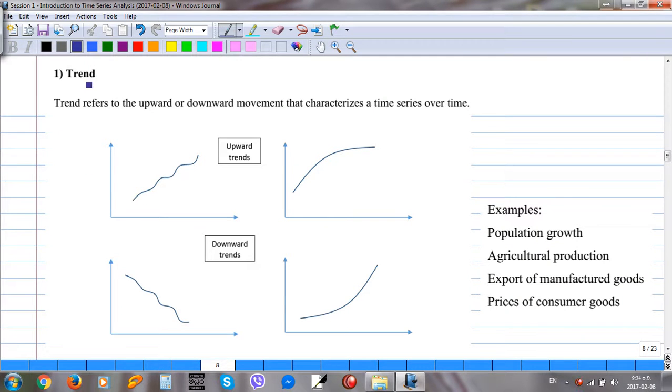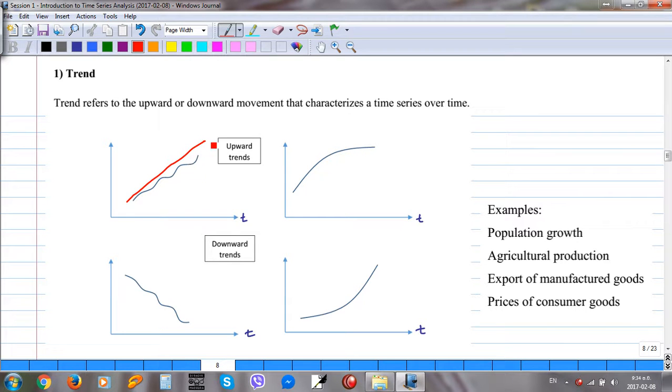The first one is the trend. Trend refers to upward or downward movements that characterize a time series over time. If we take this as the time axis, and a line goes up like this, that is approximately linear.